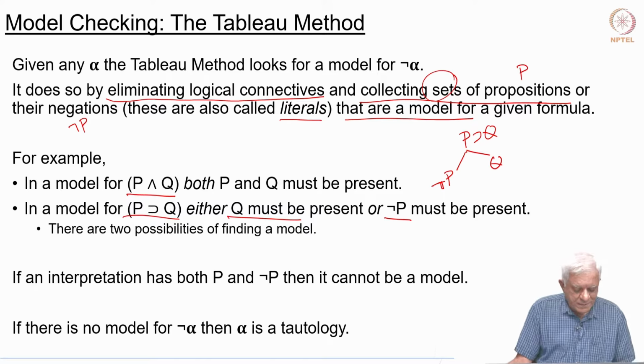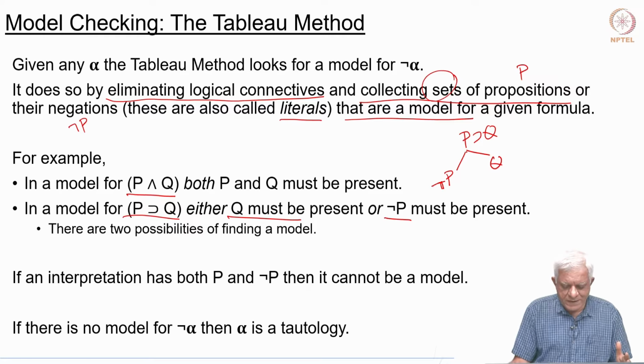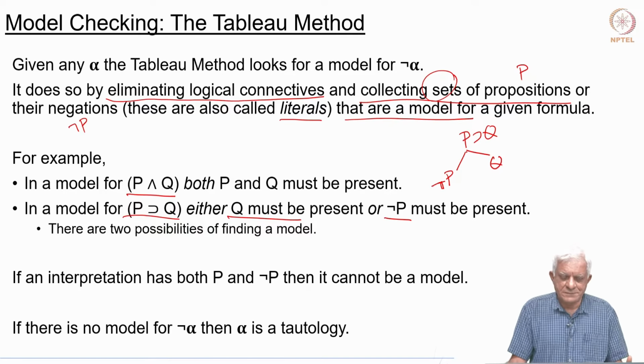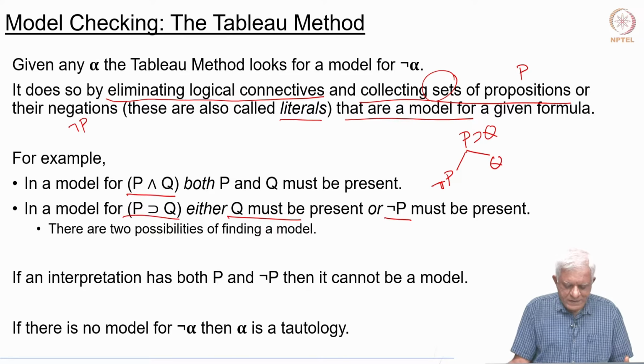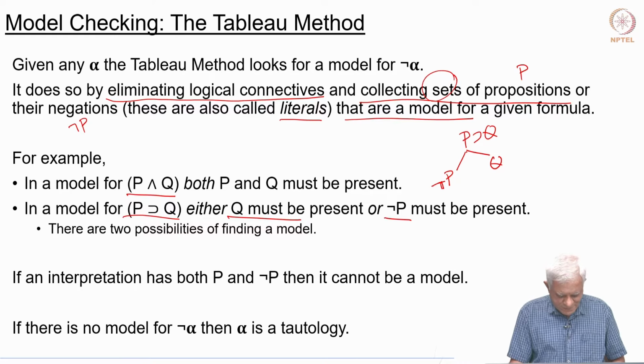If some interpretation has both P and not P, then it cannot be a model. And if you cannot find any interpretation which is a model, which means there is no model for not alpha, then alpha is a tautology. That is the tableau method.